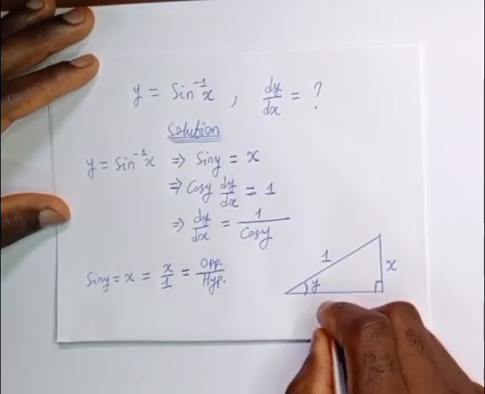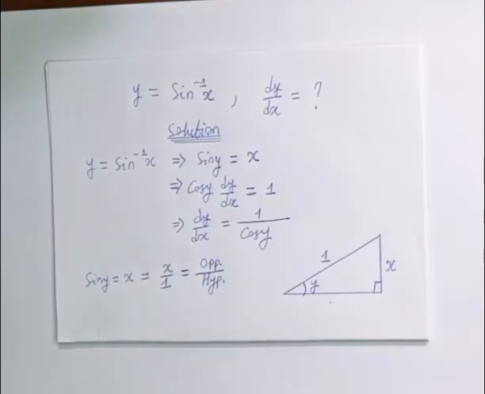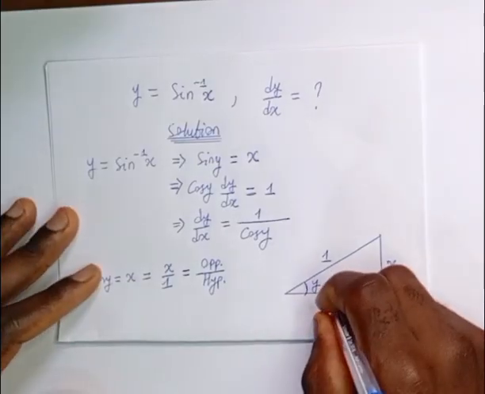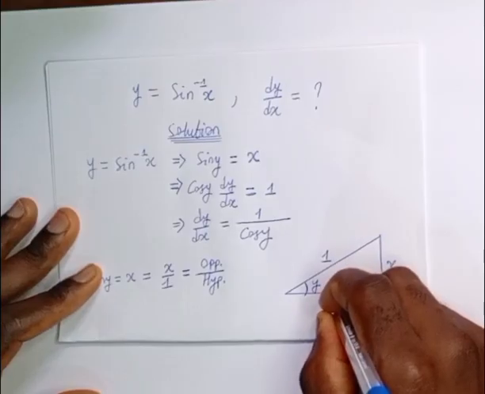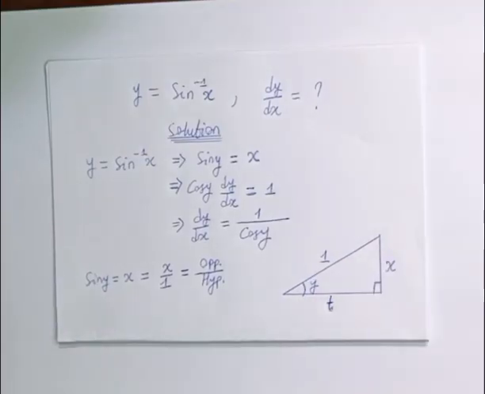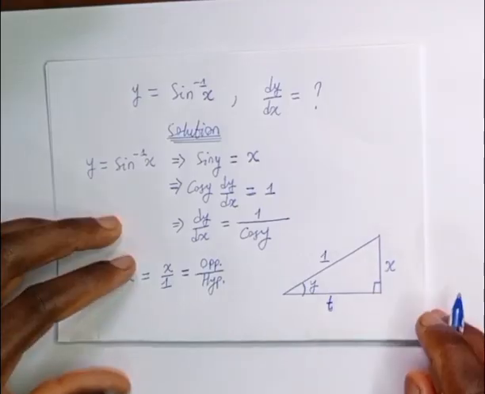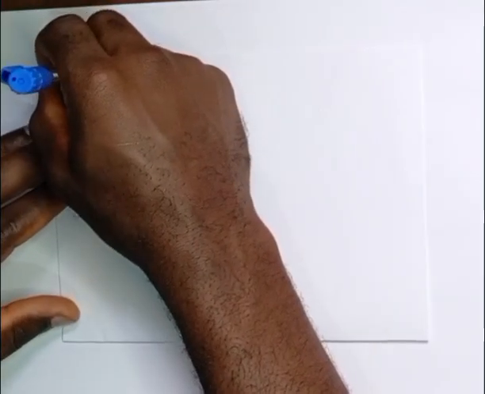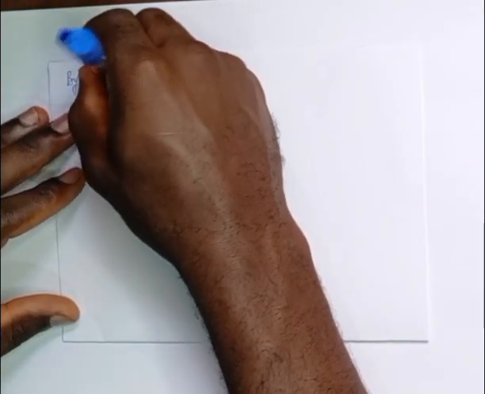This adjacent side, we don't know it. We are going to make use of Pythagoras theorem to find the adjacent. So we can let this side to be t. By making use of Pythagoras theorem, we can find t.